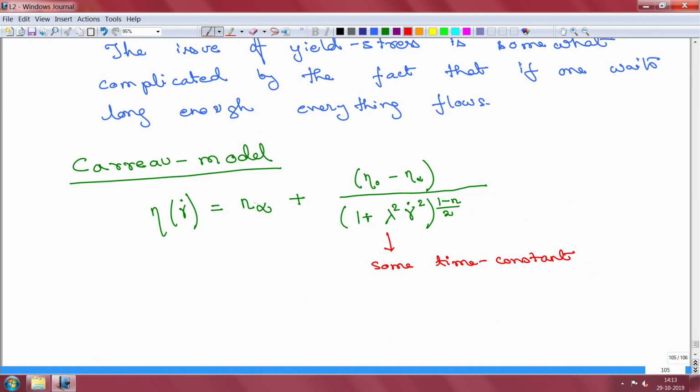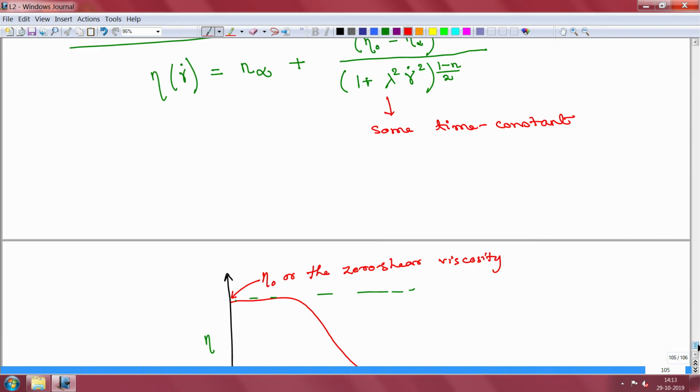So, we have eta infinity here, this is the infinity shear viscosity, you have eta naught which is the zero shear viscosity, again you have eta naught minus eta infinity in the numerator. And then in the denominator you have lambda square, lambda being some time constant associated with this phenomenon.